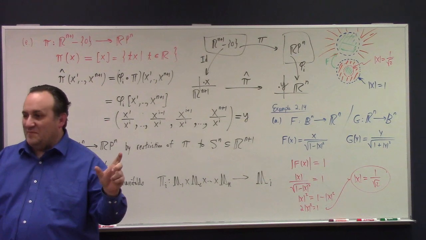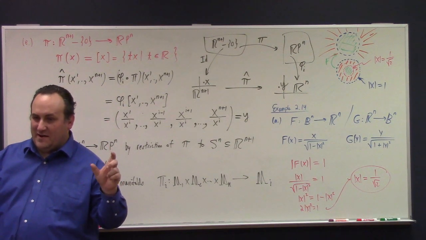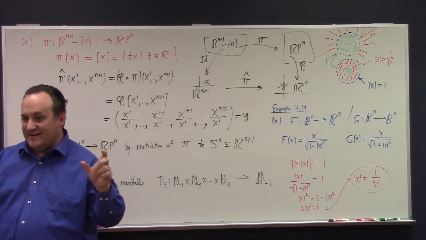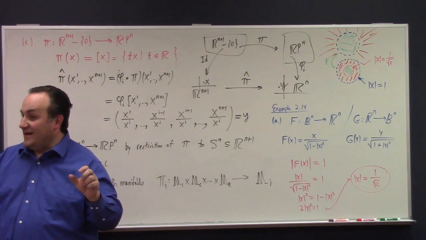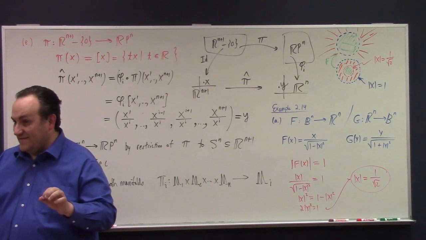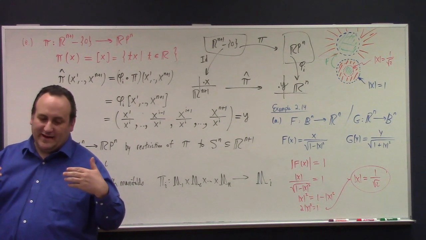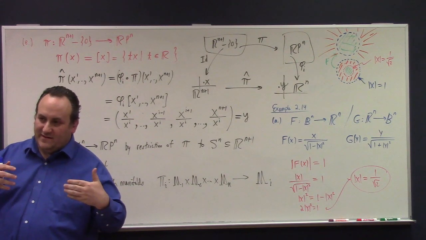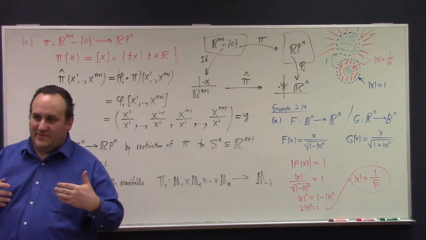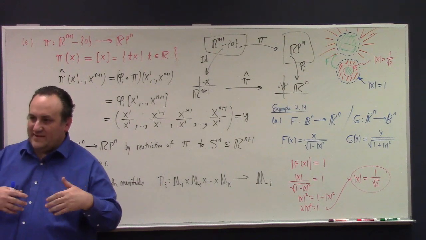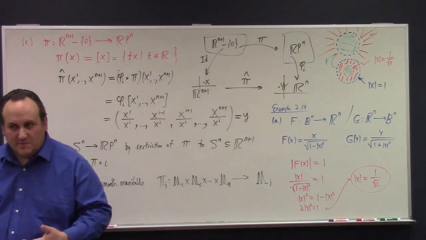At which point he quotes something from an appendix where it's proved that Rm is homeomorphic to Rn if and only if m is equal to n. This is actually a kind of difficult thing to prove in topology. Showing that Rn and Rm are not homeomorphic is surprisingly difficult, because they have the same cardinality, so all of your basic set theoretic weapons against it fail. It's something deeper.